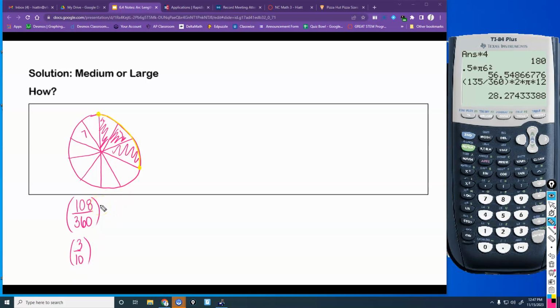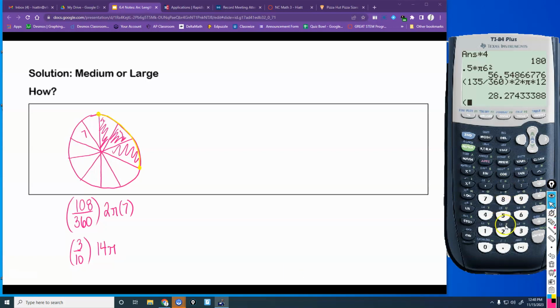Times, this time we don't want to do pi r squared. We want to do 2 pi times our radius, which is 7, or if we wanted to, we could do 14 pi. We could just do pi times diameter. Either one is going to give us the same amount here.